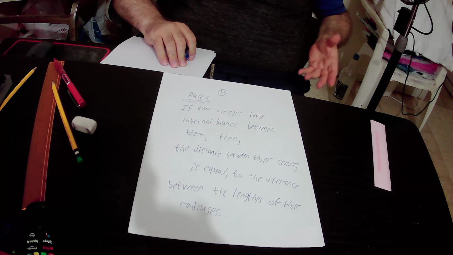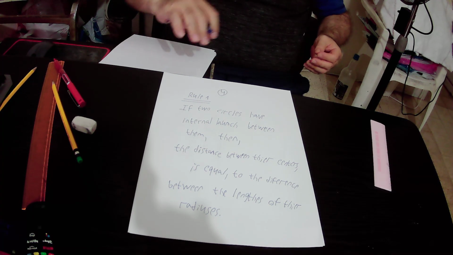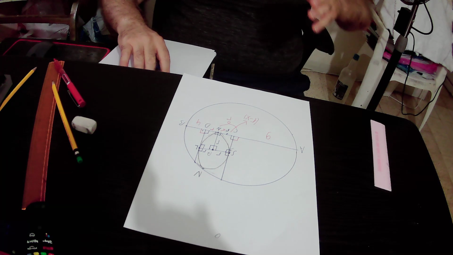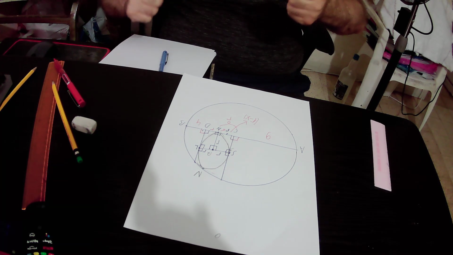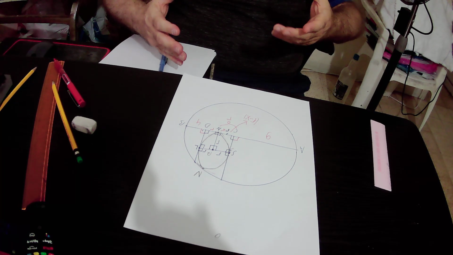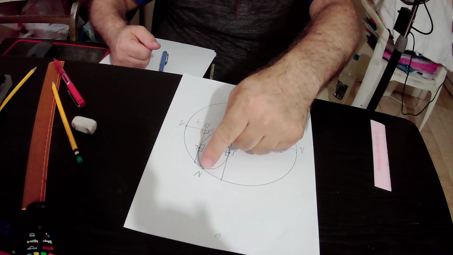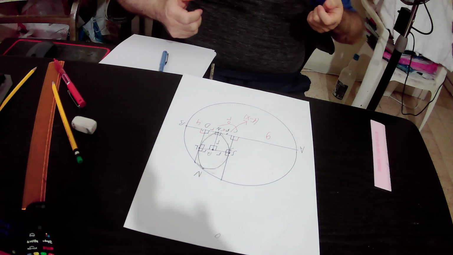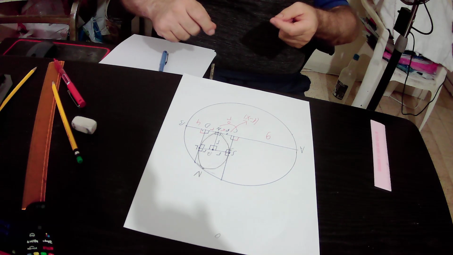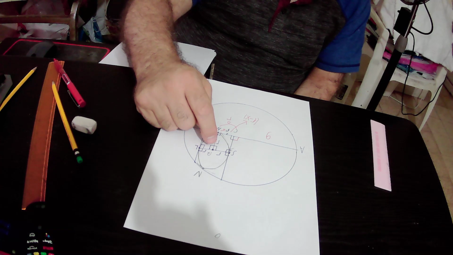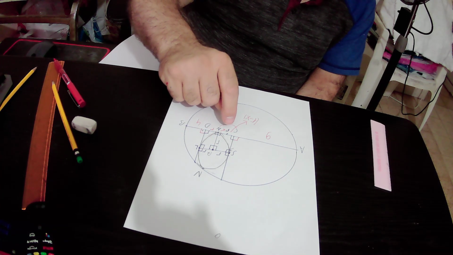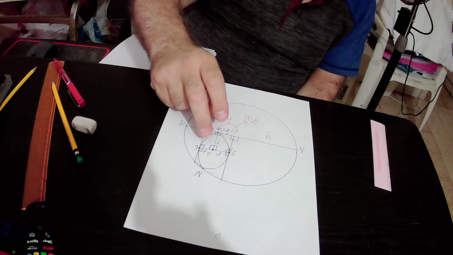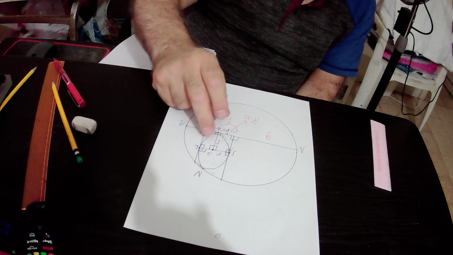And we can implement rule number 1 in our drawing, because we have here two circles that have internal lunge between them at point N. They are touching each other at point N. Therefore, according to rule number 1, the distance between their centers, the center of the small circle is at point Q, and the center of the big circle is at point P. So the distance between the centers of these two circles is PQ.